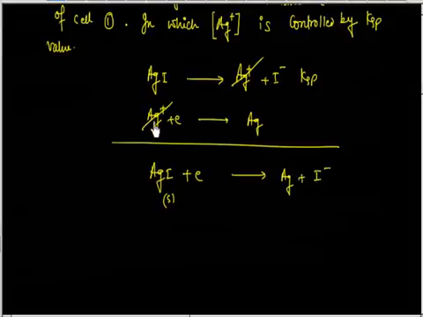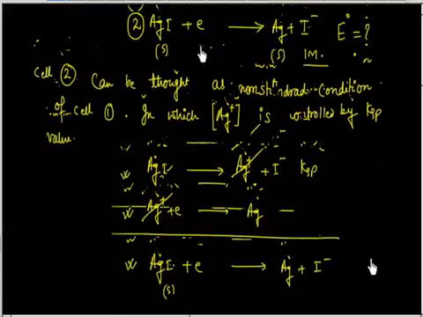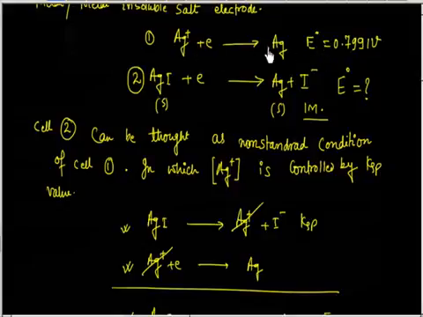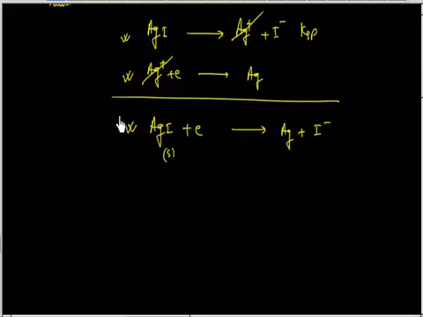Are you getting? This means this cell is a combination of this cell plus the Ksp value. Are you getting or not? So now it's easy to find E degree for this cell, because this cell can be thought of as a non-standard condition of this cell.